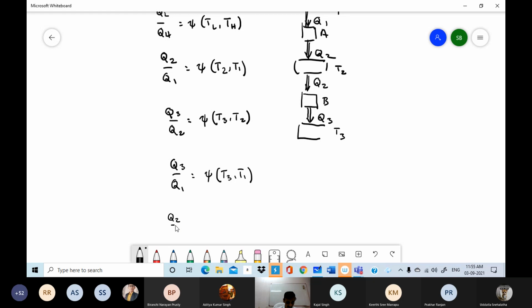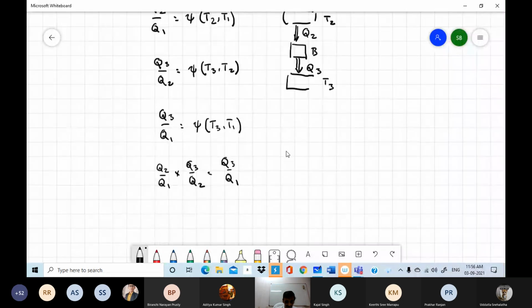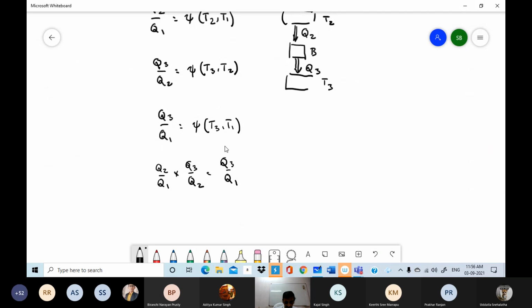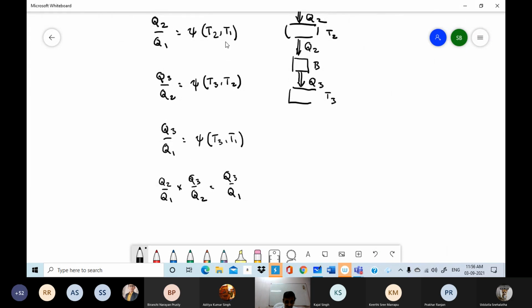Now Q2 by Q1 into Q3 by Q2 is equal to Q3 by Q1. The Q2s would cancel and you would get this. Now Q2 by Q1 is psi of T2 T1 and Q3 by Q2 is psi of T3 T2 and Q3 by Q1 is psi of T3 T1.